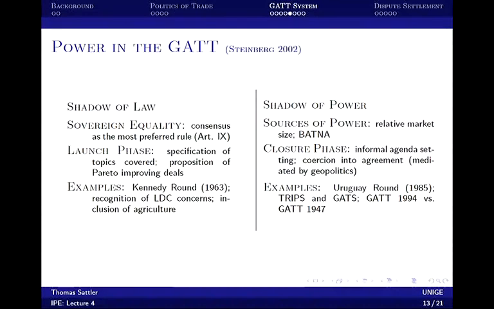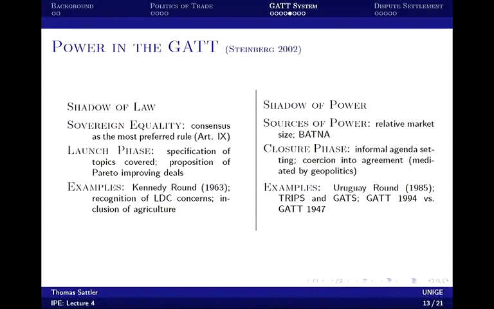And what the EU and the US then did is they said, well, look, we're just going to do a new agreement. We're going to do GATT 1994, which is a whole new agreement, which is independent of the old GATT agreement. So we're going to sign this GATT agreement. We're going to enter that. And after we enter it, we're going to leave the old one. We're going to withdraw from GATT 1947.